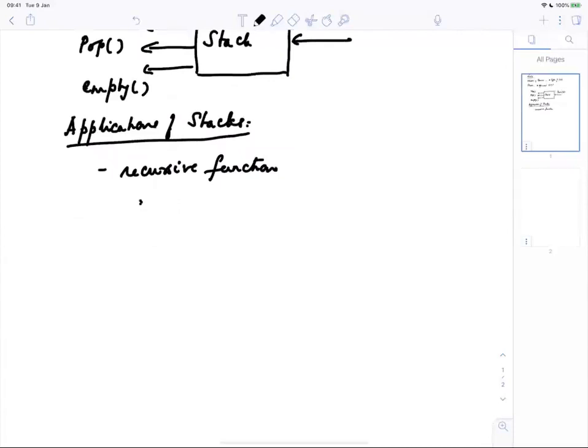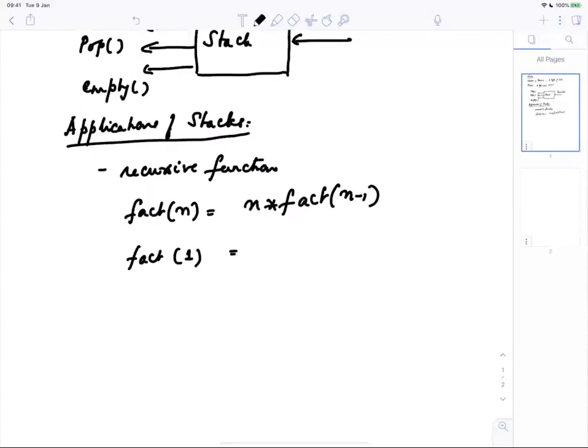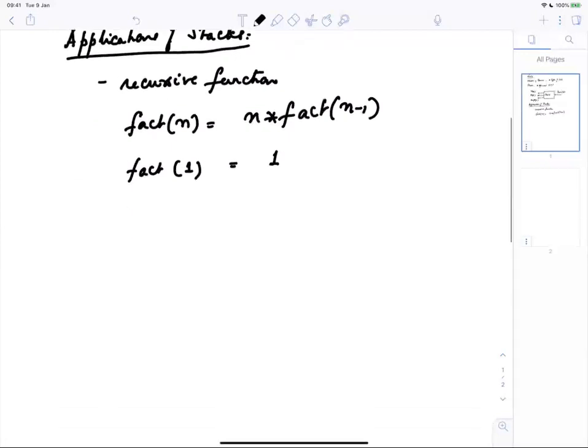Let's say I'm doing a recursive function for factorial, and we have fact of n equal to n star fact of n minus 1, and fact of 1 equals 1 is the termination criterion.